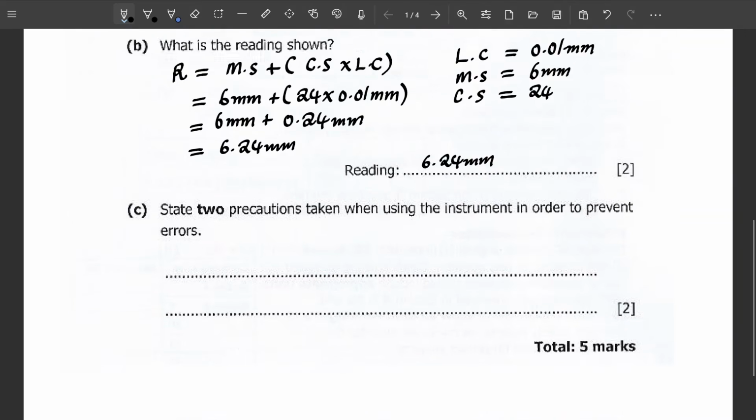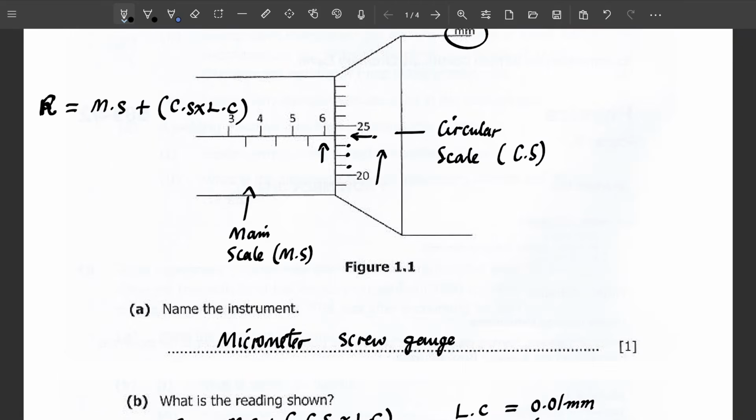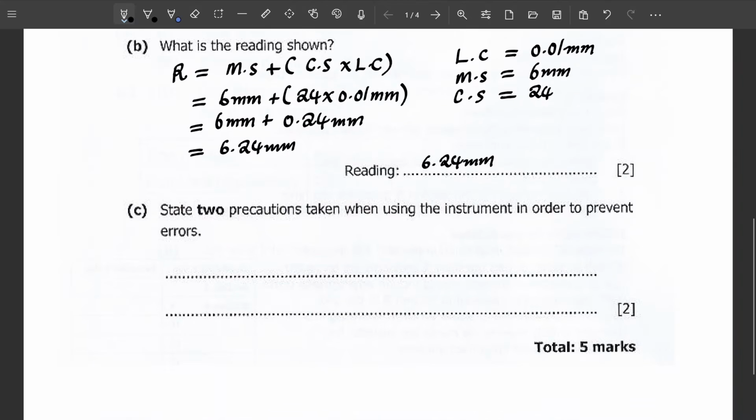So number one, because this instrument is very sensitive, you need to clean the spindle and the anvil to remove any dust particle which can be read together with the object if not removed. Because if you don't wipe and it is discovered that the edges of the spindle and anvil contain some dust particles, these dust particles will be read together with the object that is being measured, and this can result into wrong measurement.